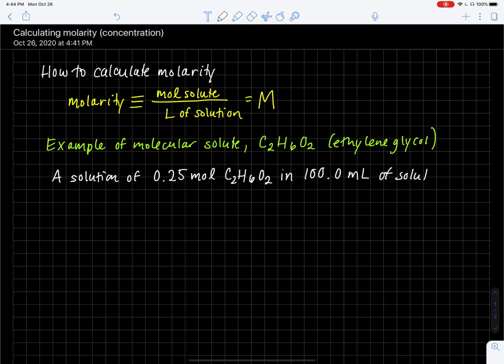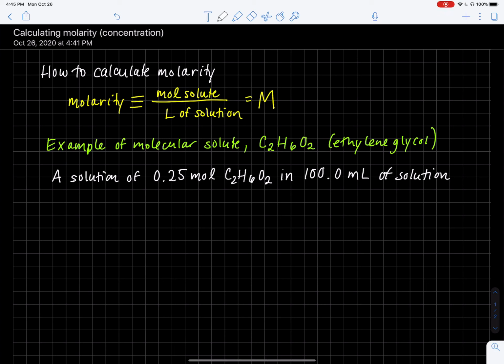And no, we don't say dissolved in 100 milliliters of water. The final volume of the solution is 100 milliliters, and that's how molarity is defined. We don't necessarily know that it took exactly 100 milliliters of water to do that, and that's something I can talk a little bit more about in person if you're curious.